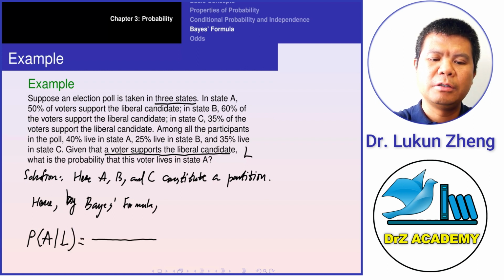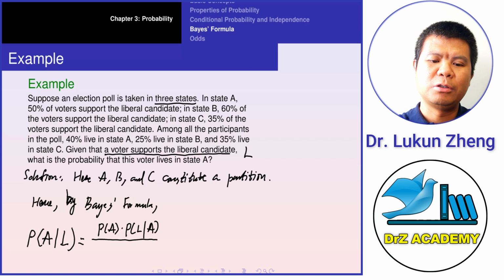P of A times P of L given A. On the bottom is actually the law of total probability, right?